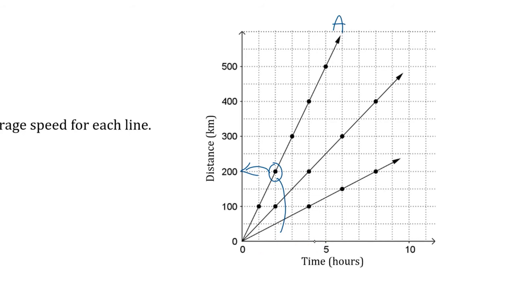So we're counting by 1 hour here. 200 kilometers in 2 hours, or 300 kilometers in 3 hours, 400 kilometers in 4 hours, 500 kilometers in 5 hours. Okay. What does that mean?